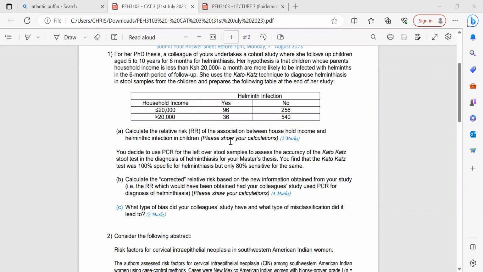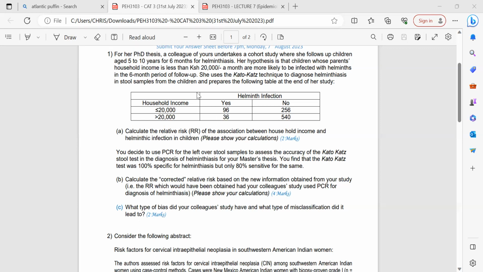So we have calculated question 1A and said the answer is 4.364, the relative risk for number 1A. Esther, it seems there is a network problem, we can't hear you well. But basically what I was saying, we managed to calculate number 1.